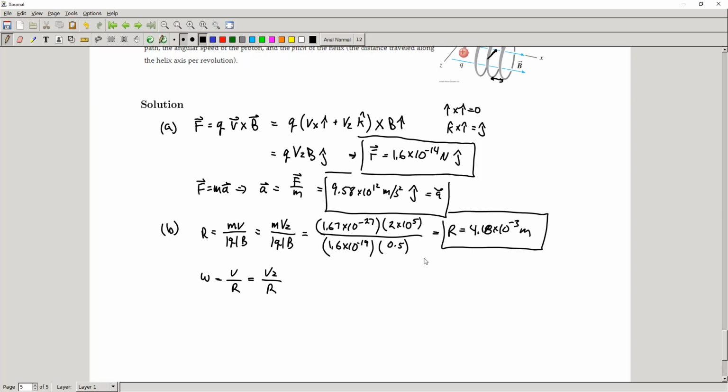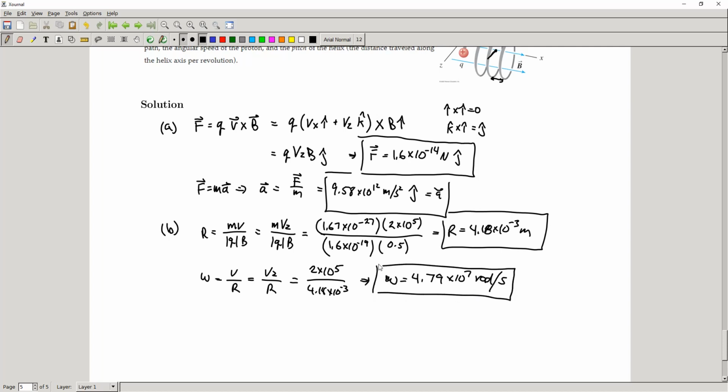We just calculated what r was, so this value would just come down here in the basement. We're going to end up with 4.18 times 10 to the minus 3, and our vz upstairs is 2 times 10 to the 5. If we do that calculation, we end up finding an omega equal to 4.79 times 10 to the 7 radians per second. Okay, so that is our angular speed.